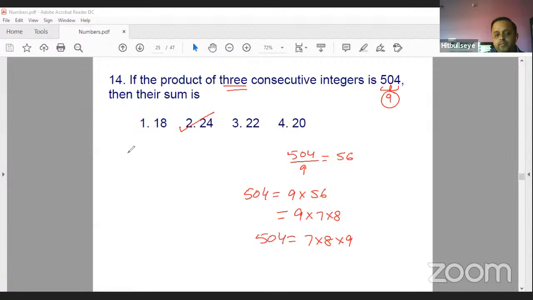In the second method, what if I take the numbers to be n minus 1, n and n plus 1? Let's say these are the three consecutive numbers whose product is 504. If I multiply these numbers, their product should be 504.